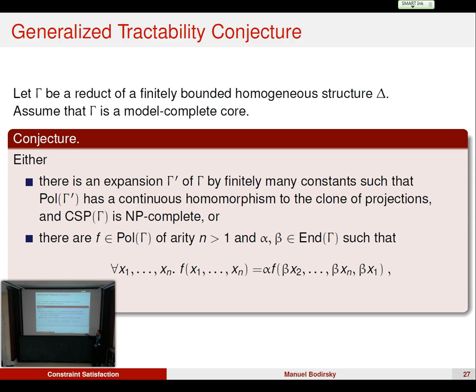This fits all the examples I have mentioned, Q and the random graph, and also, by Michael, the equivalence relation with infinitely many infinite classes, and examples related to the Boron tree. This type of statement has been verified in many instances. And in this case, we expect the CSP to be in P.